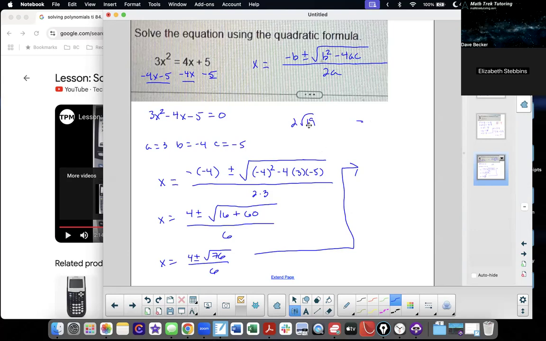Does that sound familiar or no? Sure. Let me see if I can teach you. I mean, it does say here that you have to simplify it.